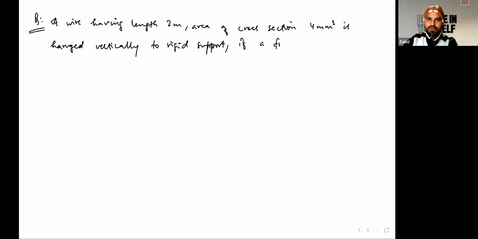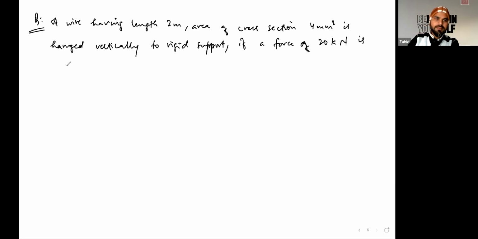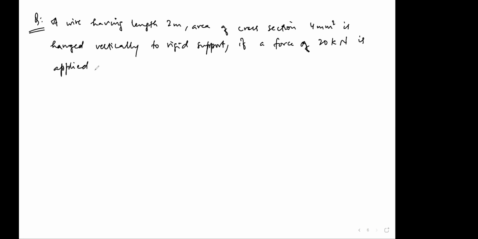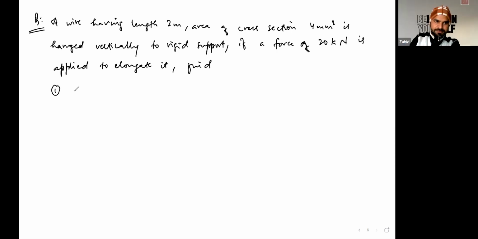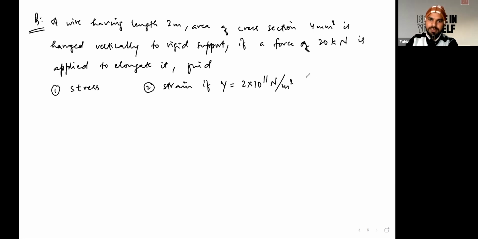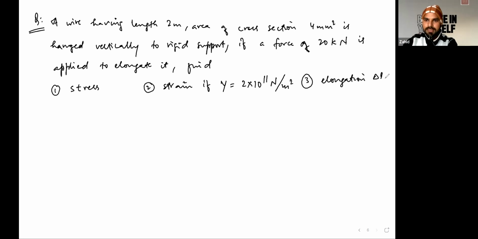If a force of 20 kilonewton is applied, find first the amount of stress, second the amount of strain developed in it, if Young's modulus equals 2 into 10 to the power 11 Newton per meter square, and third the amount of elongation, that is delta L.